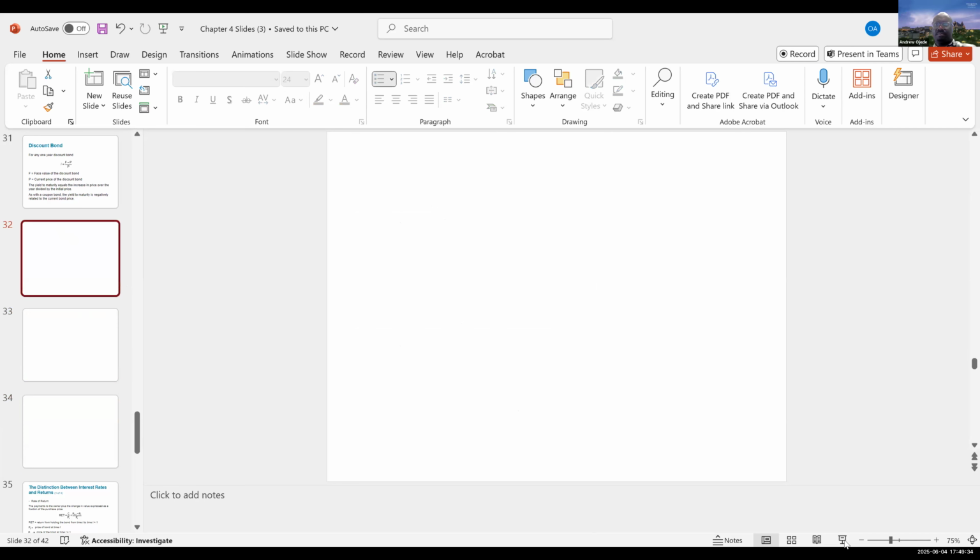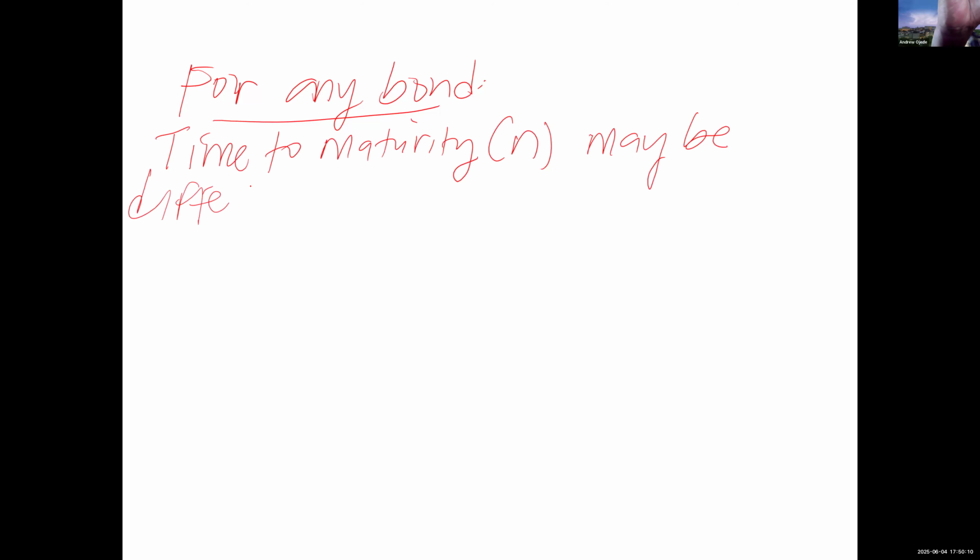So, the first thing I want to tell you, if you are buying, let's say, coupon bonds, for example, or any bond, the time to maturity, which we call N, may be different from the holding period. What do we mean by this?